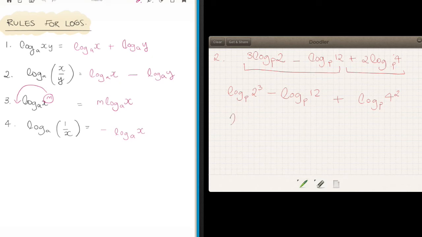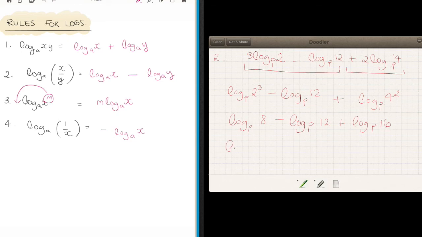So what you have here is log base p of 8, and now you have minus log base p of 12 plus log base p of 16.